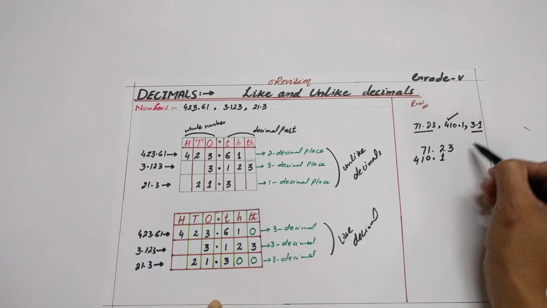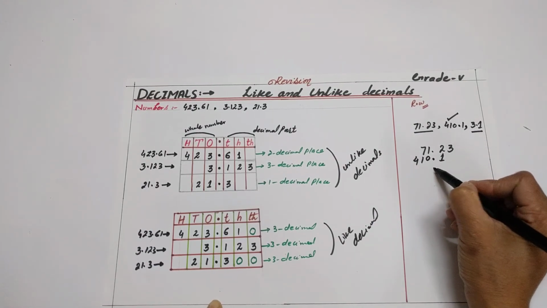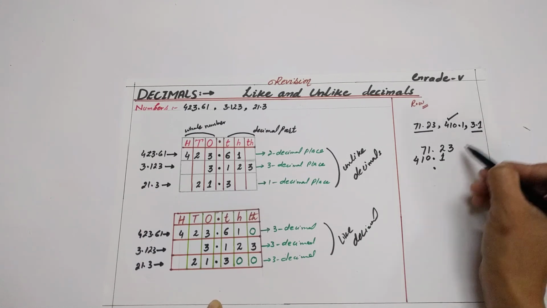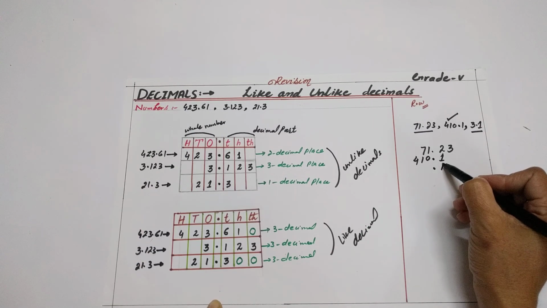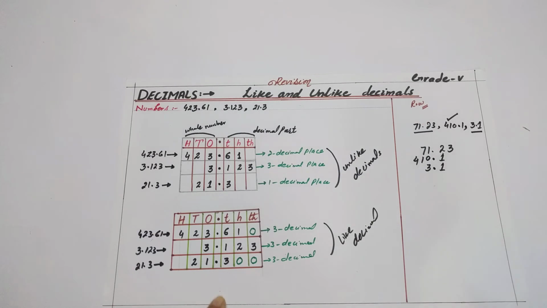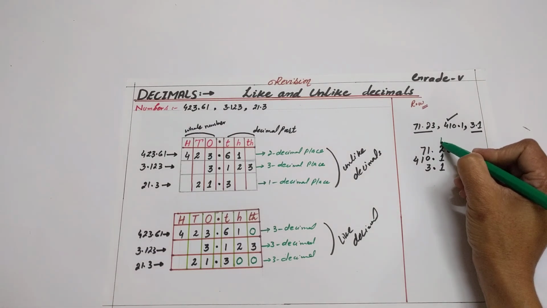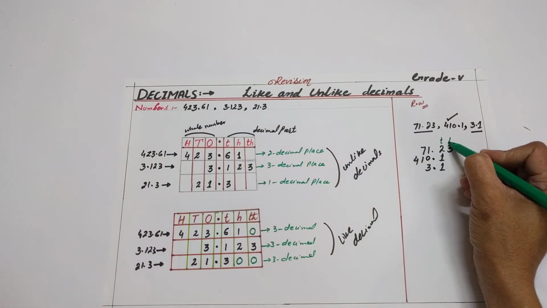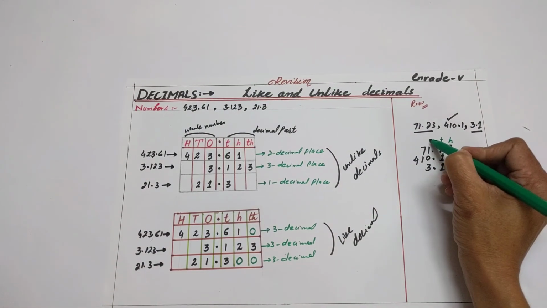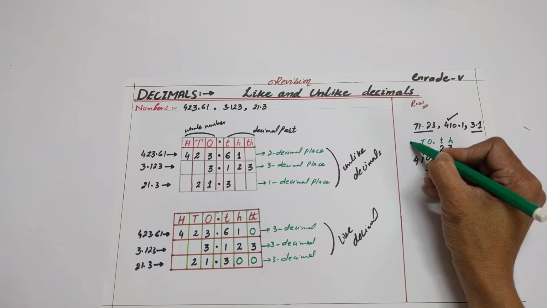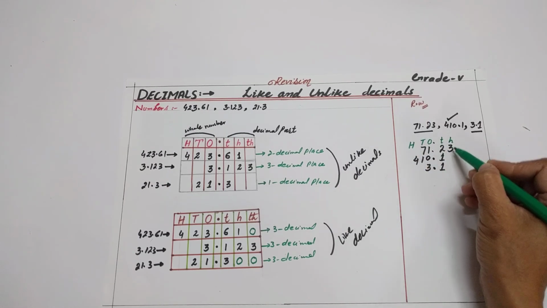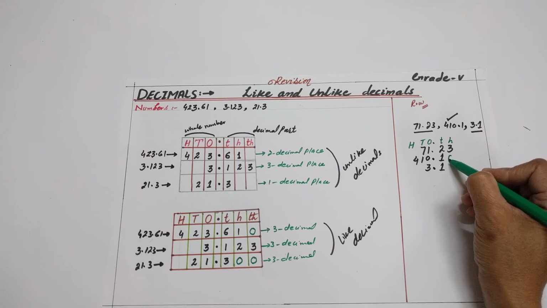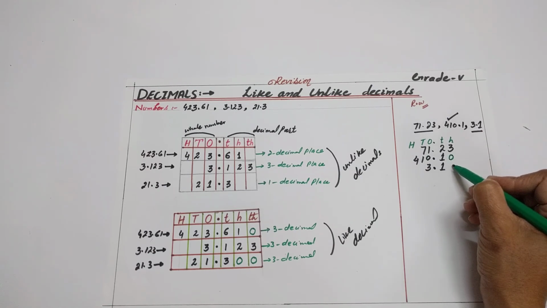Come to the third one, 3.1. Firstly I will start from the decimal. Right side digit is 1 and the left side digit is 3. Now these are unlike decimals. Why? Because if I put the places tenths, hundredths, ones, tens and hundreds, these places are blank, so to convert unlike decimals into like decimals, I will put 0.